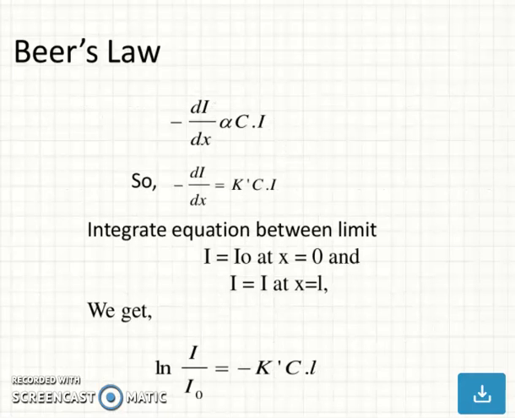Then minus dI by dx is proportional to cI, so minus dI by dx is equal to kcI. Integrate the equation between limits I is equal to I naught at x is equal to 0, and I is equal to I at x is equal to l. We get ln I naught by I is equal to kcl.